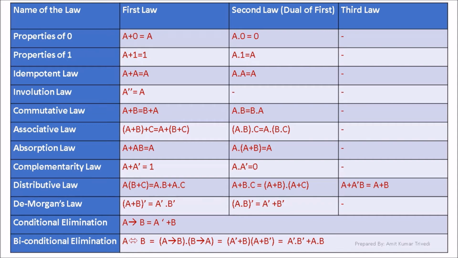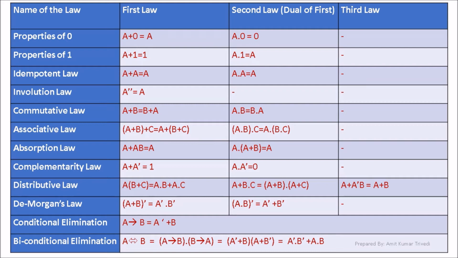Now second is the properties of 1. When we add 1 to a variable, we always get 1, and when we multiply 1 with a variable, we always get that variable. Third is the idempotent law, which states a plus a equals a dot a equals a.